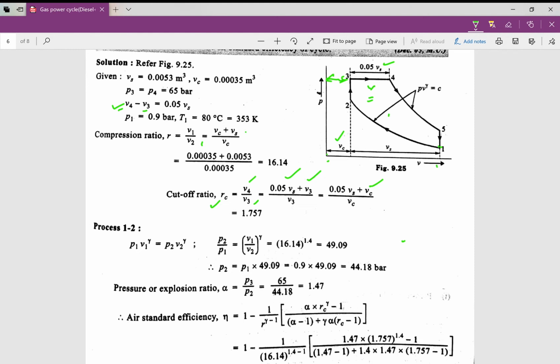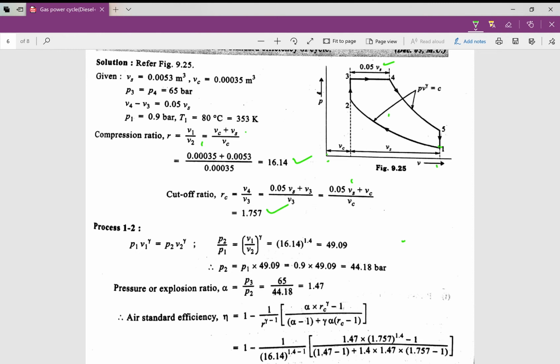All of these, Vs and Vc, are given, so we can calculate the cutoff ratio as 1.757. Dear students, again I remind you that all ratios in these three cycles are greater than 1. Just watch this ratio, this is also coming out greater than 1.